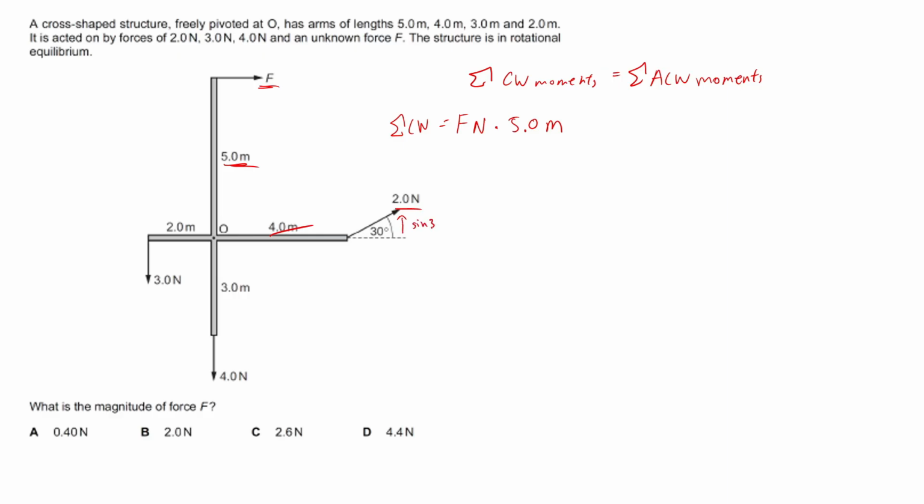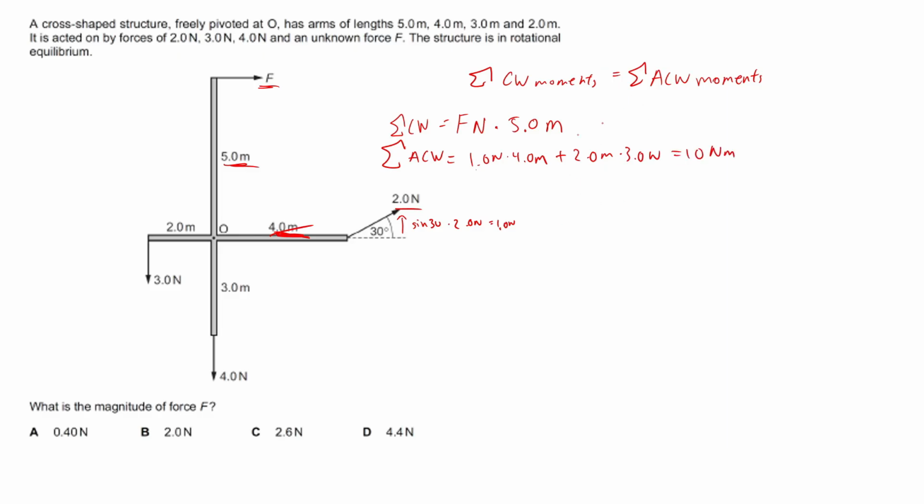This is going to be sine 30 times 2.0 N, which is actually equal to 1.0 N. So then our sum of anti-clockwise moments is equal to 1.0 N times 4.0 m plus 2.0 m times 3.0 N, which is equal to 10 Nm.